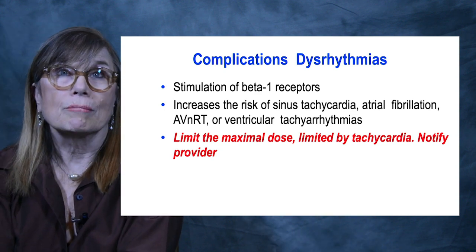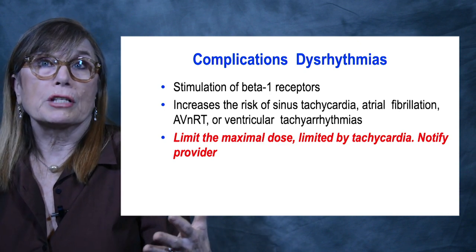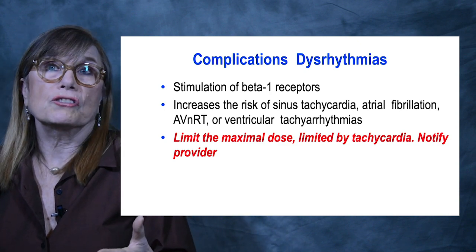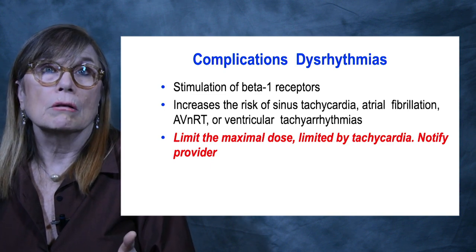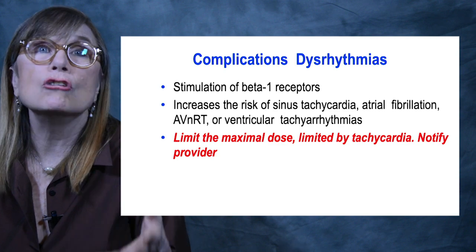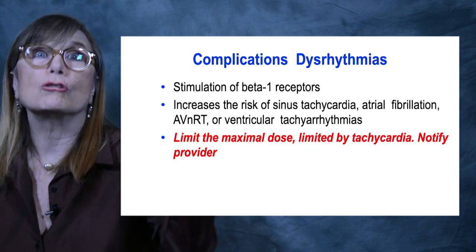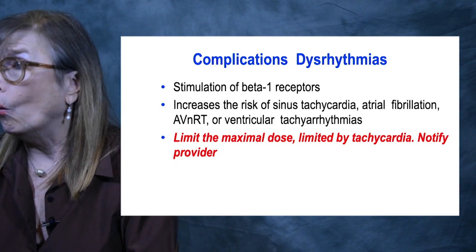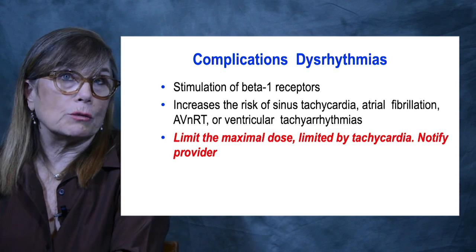Number one complication, dysrhythmia. Whenever beta-1 receptors are stimulated, we run the risk of sinus tachycardia, in addition to atrial fibrillation, AV nodal tachycardia, reentry tachycardia, so a very rapid supraventricular rhythm, or ventricular tachydysrhythmias. So how do we avoid that as best as possible?